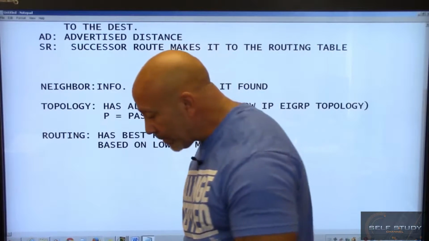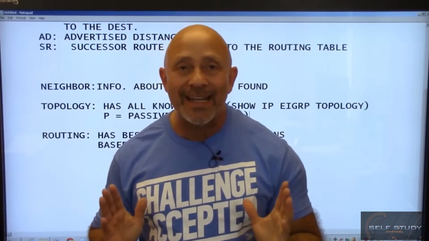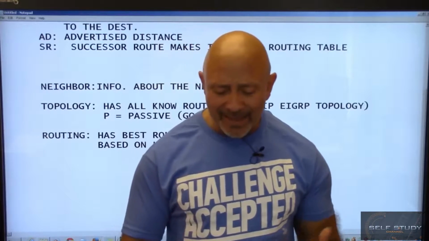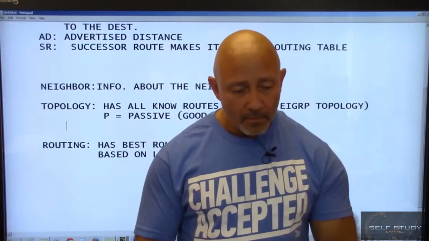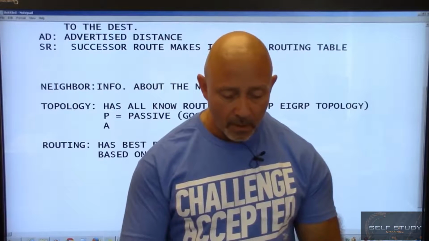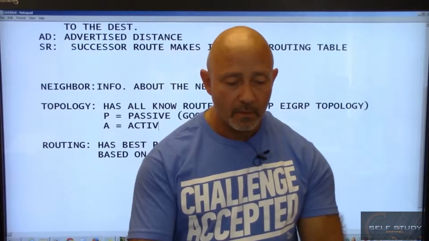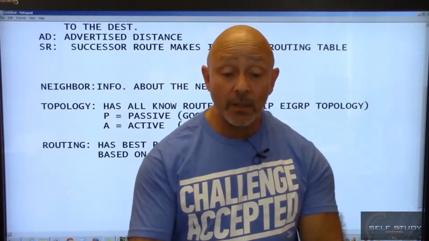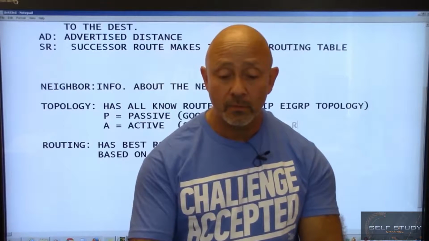If you don't see it passive, if you see, let's say, active, instead of a P you see an A, that's a bad thing. Being active means that it's still looking for routes.